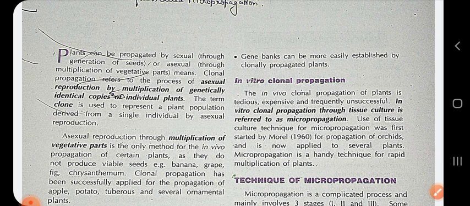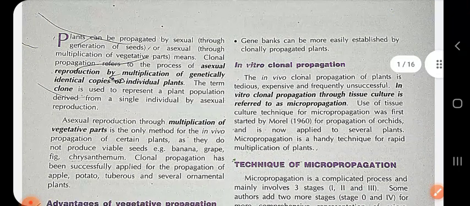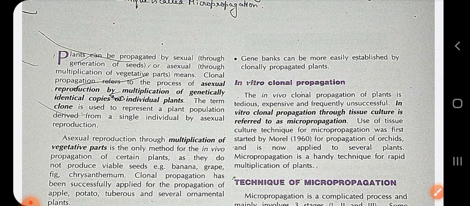At the same time we put them in liquid nitrogen at minus 196 degrees Celsius to store them for a long period of time. That is also a way to preserve our genetic sources. In India, a gene bank is located in Karnal, Haryana, and the name of the gene bank is the National Bureau of Animal Genetic Resources, short form NBAGR.